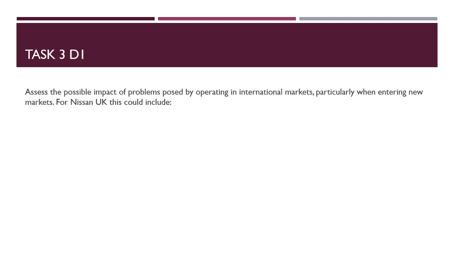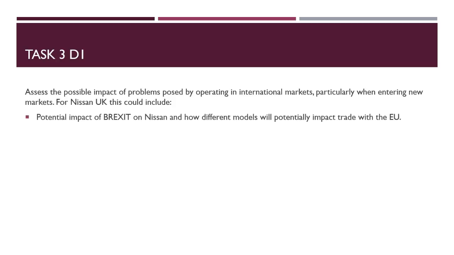So D1, assess the possible impacts of problems posed by operating in international markets, particularly when entering new markets. For Nissan, this could include the potential impacts of Brexit on Nissan, and how different models will potentially impact on trade for the EU. Look at the FT video, which has a lot of good information, and you just have to apply it to Nissan.